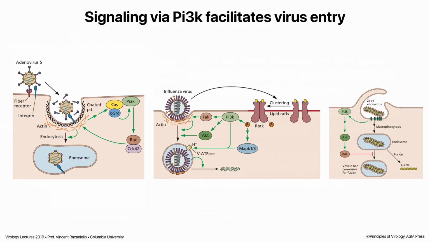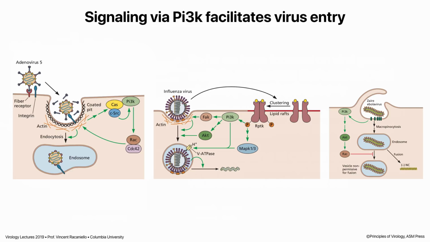And the last example is on the right, where the binding of Ebola virus, a filovirus, to the cell surface. Remember, this is taken up by macropinocytosis or pinocytosis through endosomes. The virus binds to a fusion receptor in the endosome, and then the nucleocapsid ends up in the cytoplasm.